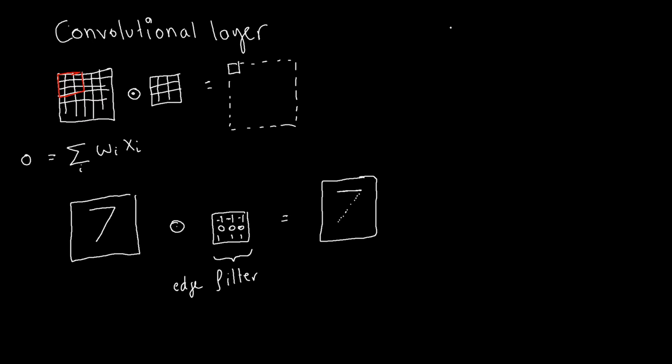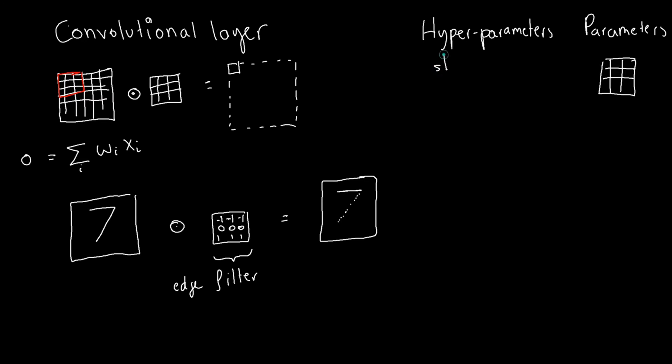The convolutional layer, as we have seen in the pooling layers, has hyperparameters and also has parameters. In the pooling layers we saw that we didn't have parameters. The parameters will be the filter, and the hyperparameters will be the stride that we have seen in the pooling layer and the padding.